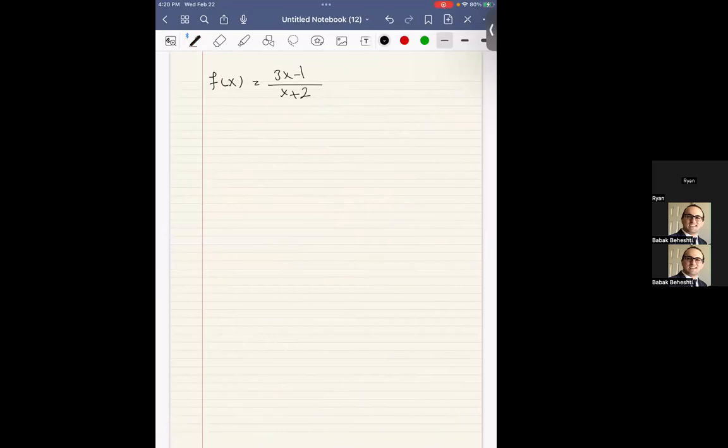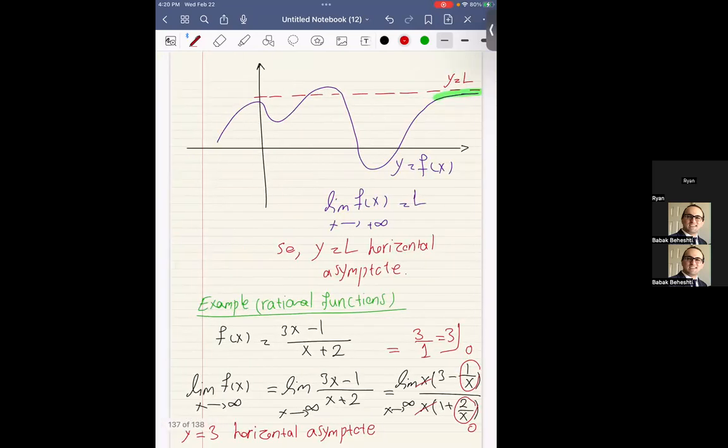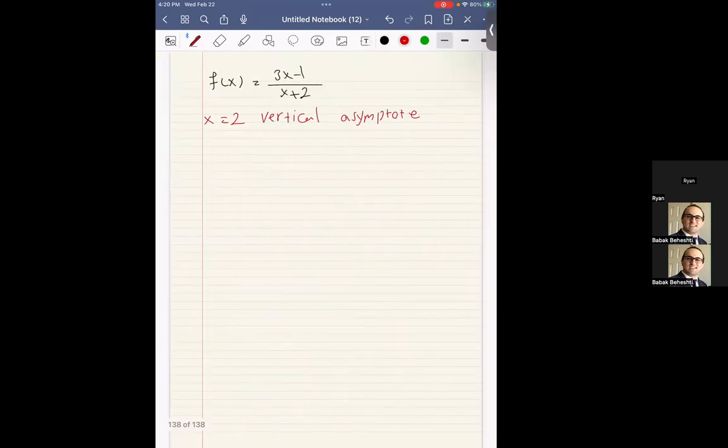And we know from before that x equal to 2 is a vertical asymptote, because the limit of this function when x approaches 2 is infinity. And we just observed that y equal to 3 is a horizontal asymptote.